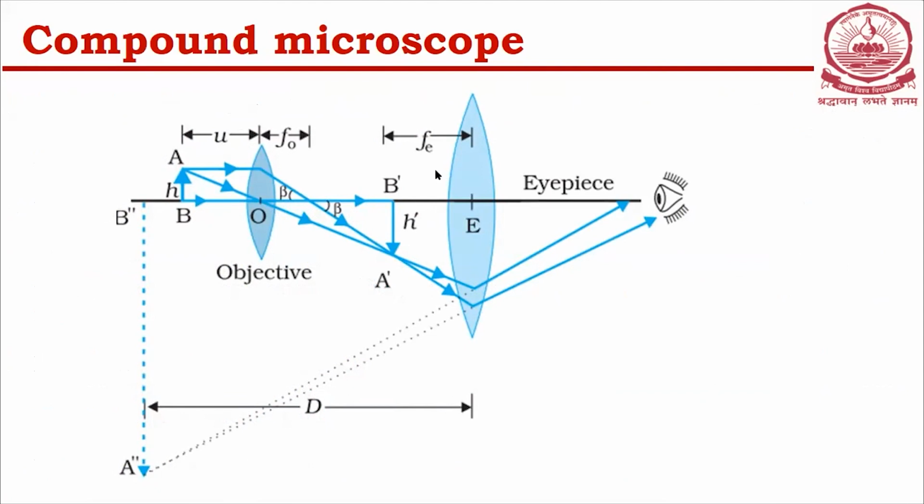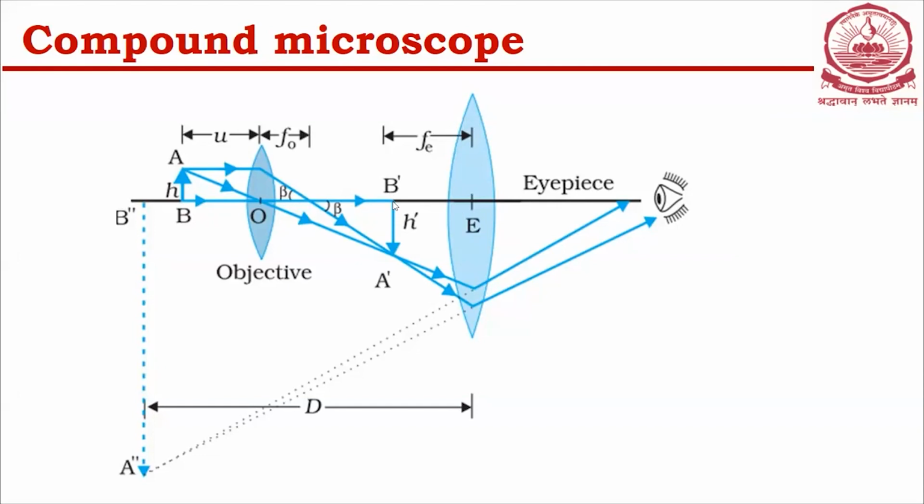As I said before, whenever you have a combination of lenses, the image formed by the first lens will be the object for the second lens. In this case, the image is at A dash B dash, and this will be the object for the second lens, the eyepiece.